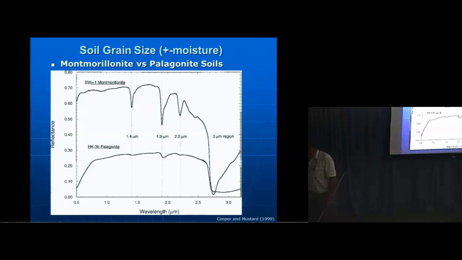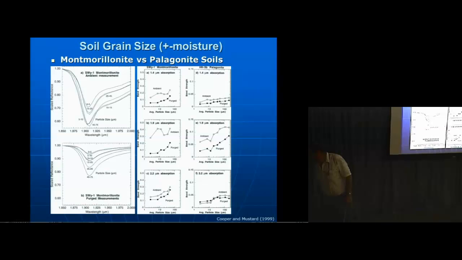Grain size effects. So this is a comparison of a montmorillonite, which is that swelling soil, against a more micaceous soil here. And looking then at the particle size, this is a similar relationship to what we saw with concentration and why you can't strictly separate concentration.